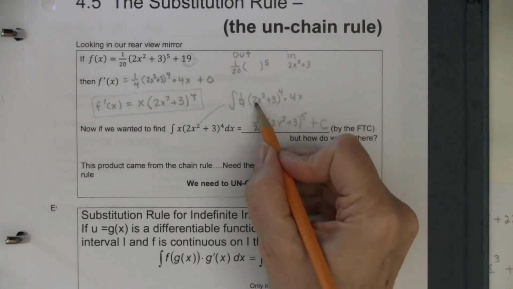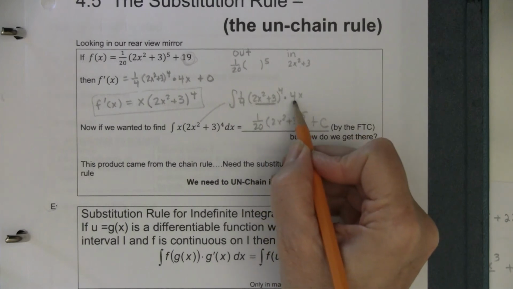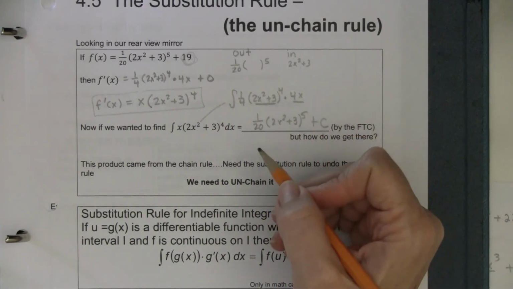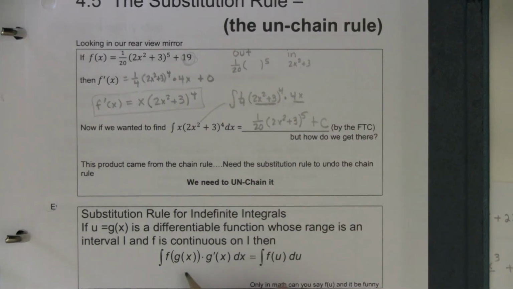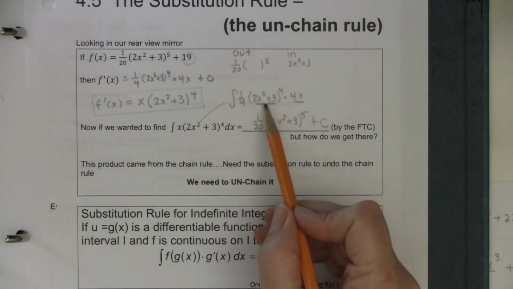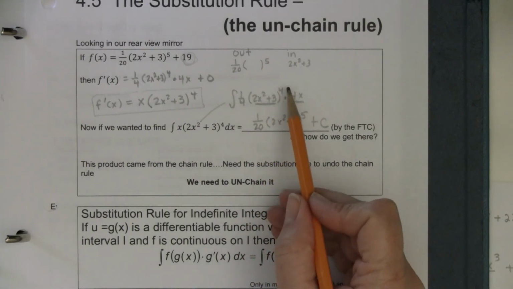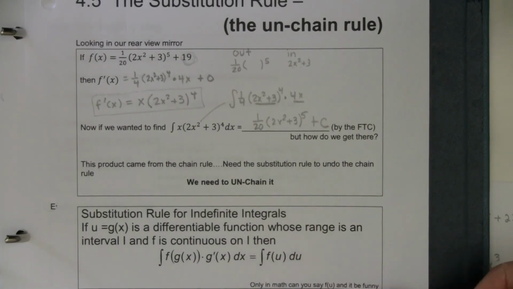Right here was our g at x, and there's our derivative of g at x. The 1/4 could go out in front. So we really did have this outer function raised to the 4th, and then we had our inside. We had that situation totally going here.